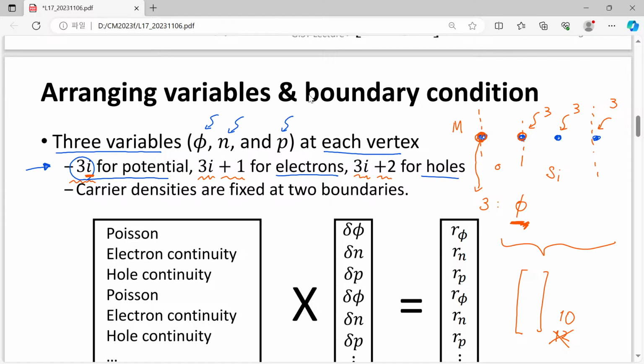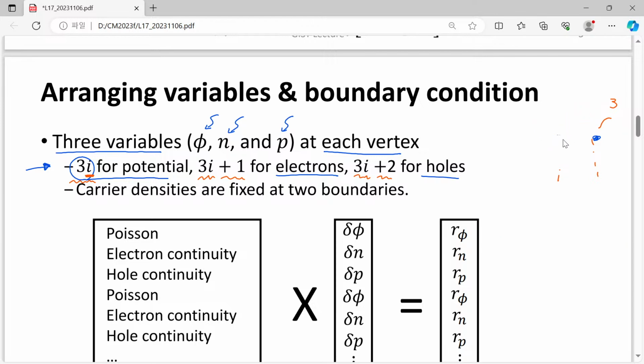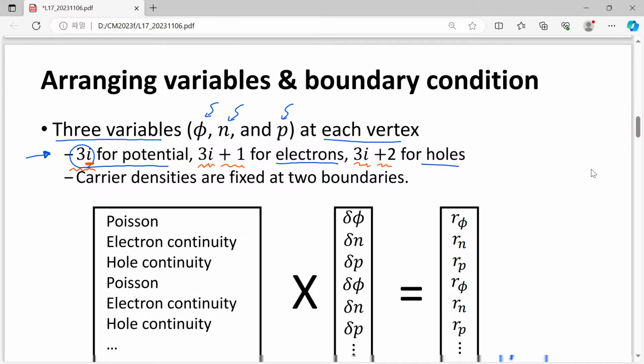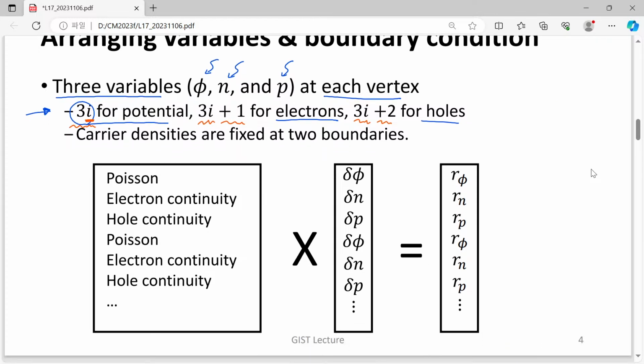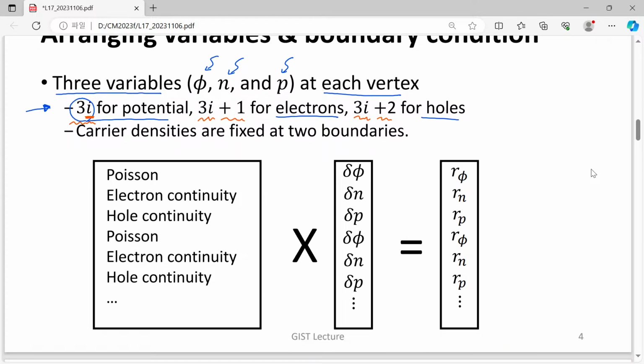However, for a while let's consider only silicon material, which means we don't care about the MOS systems, the far most important application of our TCAD device simulator. But anyway, for a while we are just at the starting point of implementation, so let's just adopt this kind of convention.